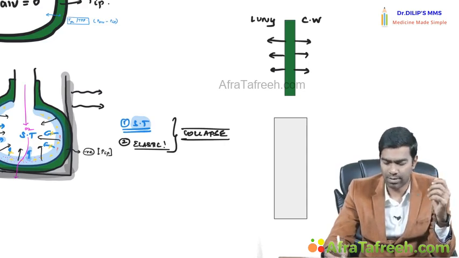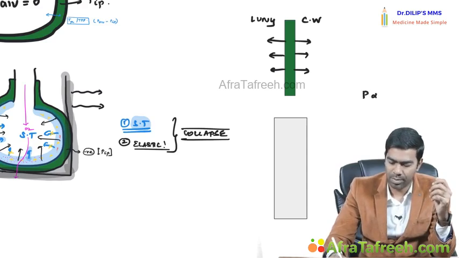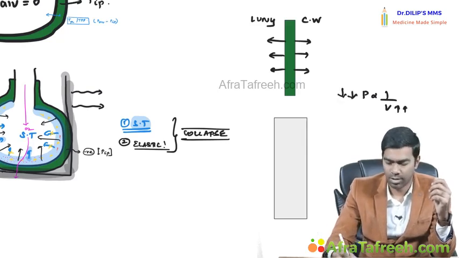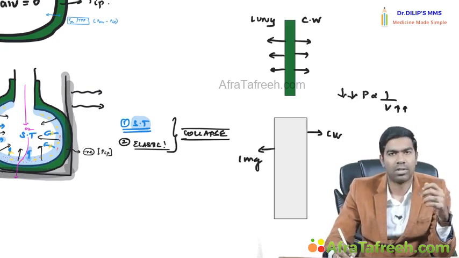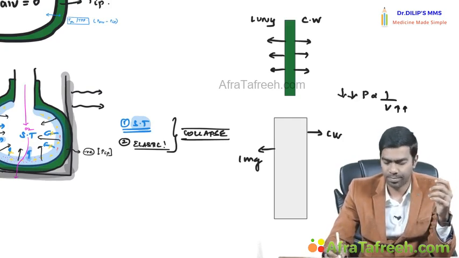Since it's a closed cavity, by Boyle's law, pressure is inversely proportional to volume. Since the volume is increasing, the pressure should automatically drop. So at this point, the force of the chest wall is exactly counterbalanced by the collapsing alveoli inside.